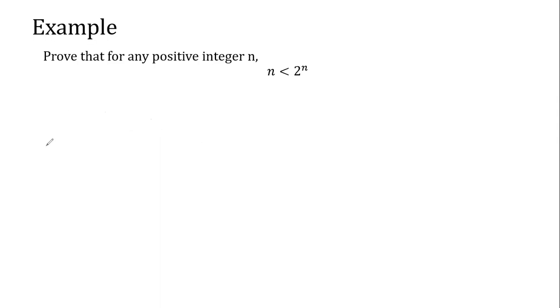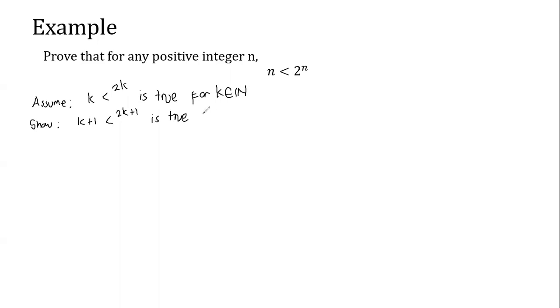Okay, so for our next step, assume that k is less than 2 raised to k is true for k element of set of natural numbers. And we have to show that k plus 1 is less than 2 raised to k plus 1 is also true for k element of set of natural numbers.